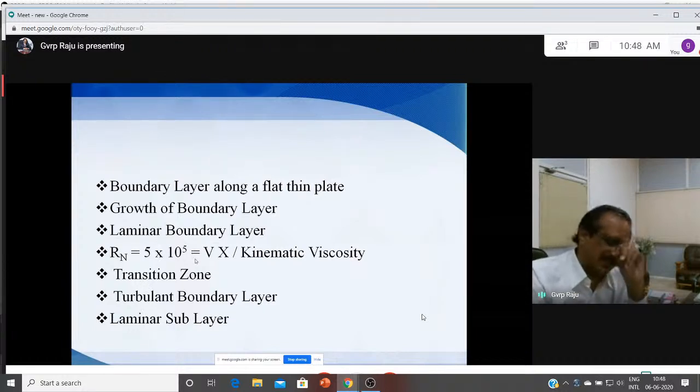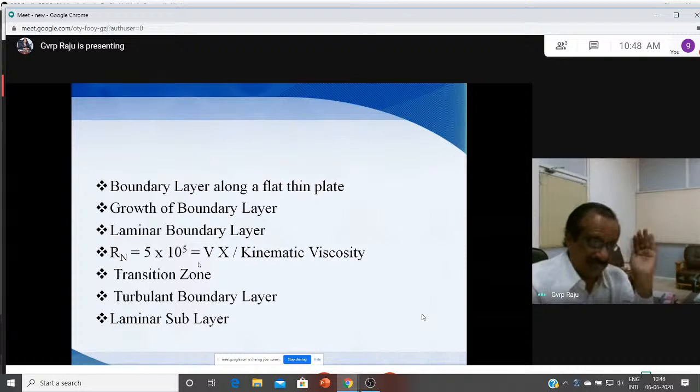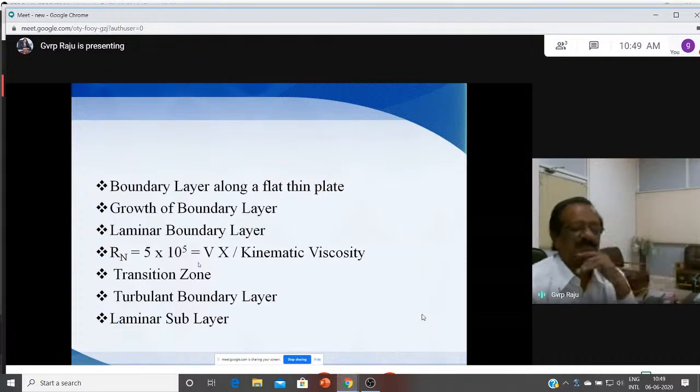Earlier it was less than 2000 for a circular tube. Whereas here, that's why I am stressing, Reynolds number equal to or less than 5 into 10 power 5 for laminar flow.